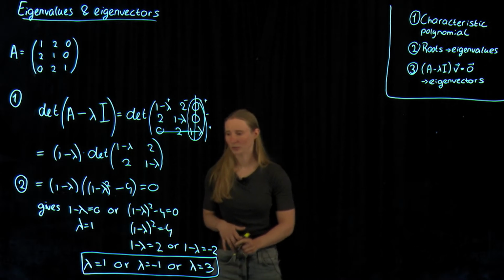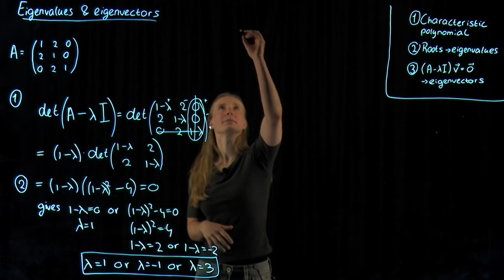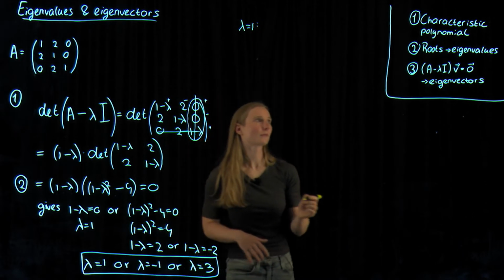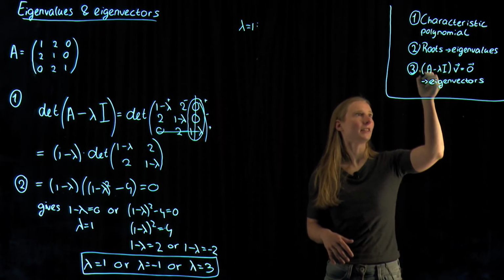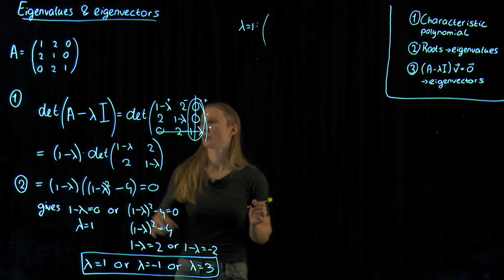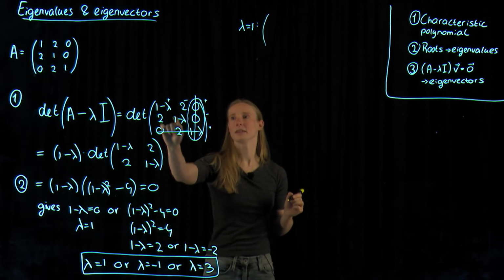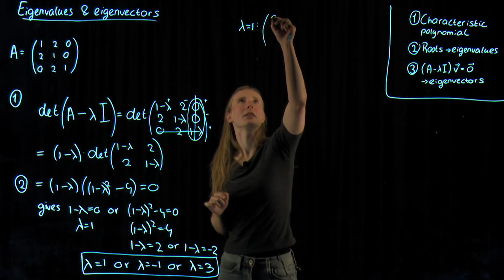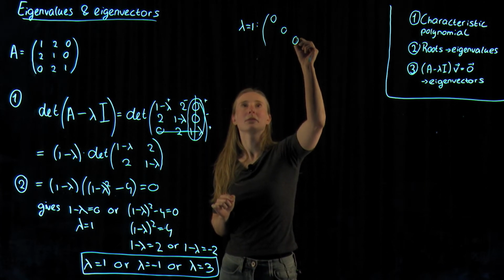So let's just start with lambda is 1. So we need this matrix over here. So what does this matrix look like? Well, it's just this matrix with lambda is 1 filled in. So all of the diagonal elements become 0.